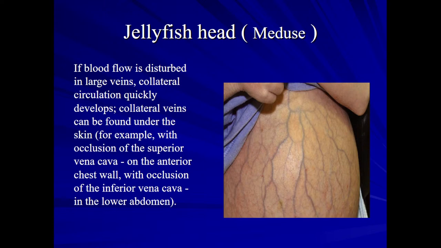For example, caput medusae. This situation occurs if blood flow is disturbed in a large vein, and collateral circulation quickly develops. Collateral veins can be found under the skin, for example, with occlusion of the superior vena cava on the anterior chest wall, or with occlusion of the inferior vena cava in the lower abdomen.